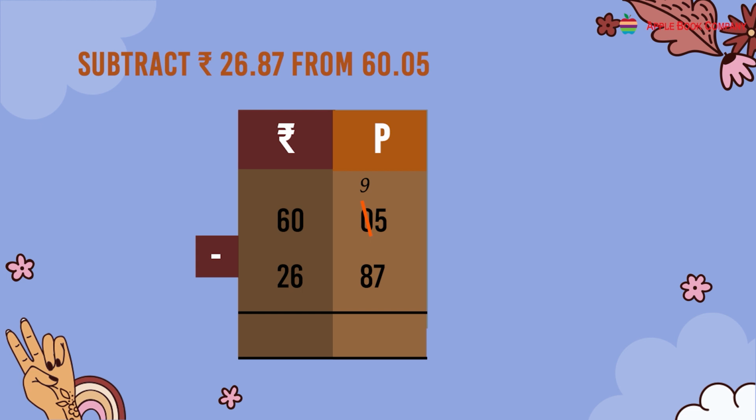You have to borrow 1, so it becomes 15. 15 minus 7 is 8. So here it is 9. 9 minus 8 is 1. And since you cannot subtract 6 minus 0, and it becomes 9. 9 minus 6 is 3. 5 minus 2 is 3. So the answer is 33 rupees 18 paise.